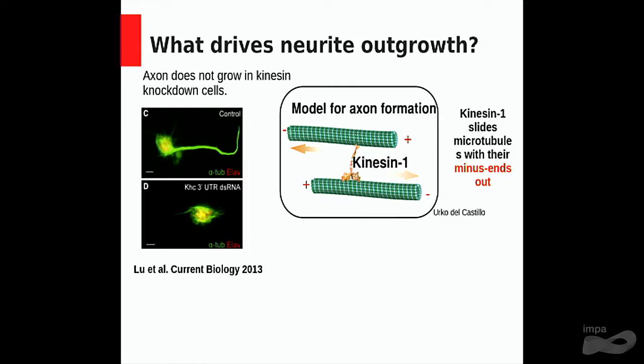What is quite clear is that we know that kinesin moves towards the plus end of the microtubule fibers. So even in a situation where kinesin, as shown here, would have its motor domain attached to one microtubule and the cargo domain to the other microtubule, it would still move with that motor domain towards the plus end, and therefore it would push apart the microtubules, but minus end forward.